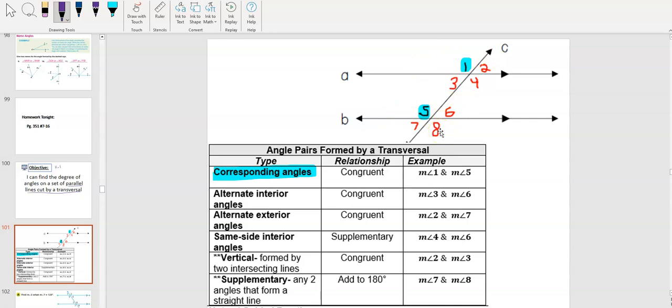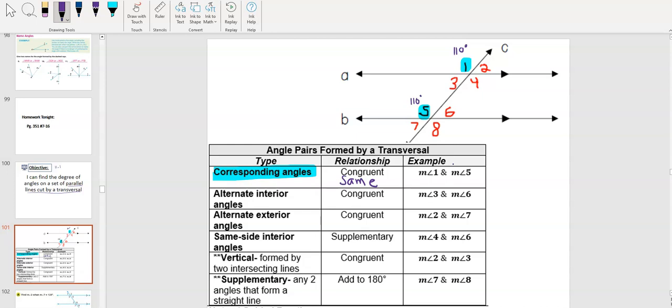You could also think that they're both in the upper left-hand corner of each set of parallel lines. Because they are in the basic same location, they correspond to each other and they are congruent. And if you don't remember what congruent means, it means that they are the same. So if angle 1 is 110 degrees, then angle 5 is also 110 degrees.